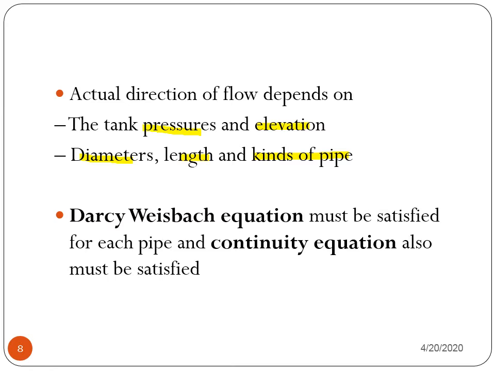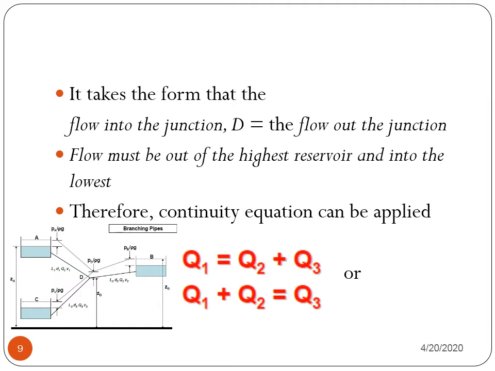Here, actually, Q in equals Q out. For the continuity equation, flow into the junction, which is point D, will equal flow out of the junction.